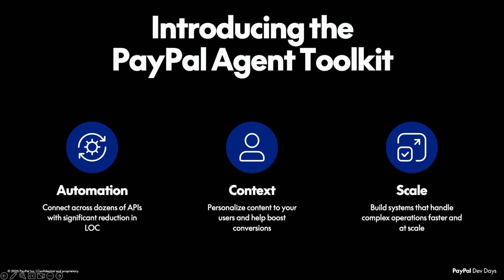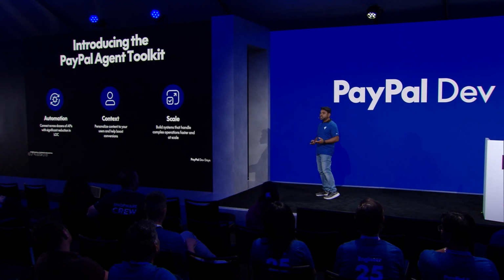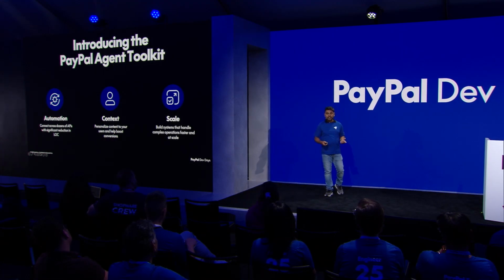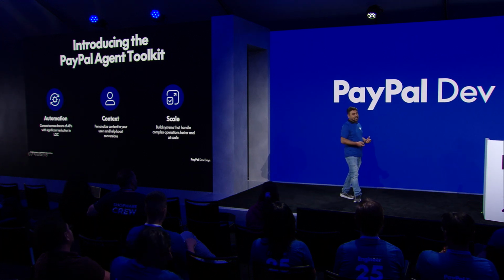This agentic toolkit helps you handle complex operations faster and at scale, leveraging PayPal's robust infrastructure and trusted network. So in essence, the PayPal Agent Toolkit helps you build smarter, faster, and more intelligent workflows without the need for complex integrations.